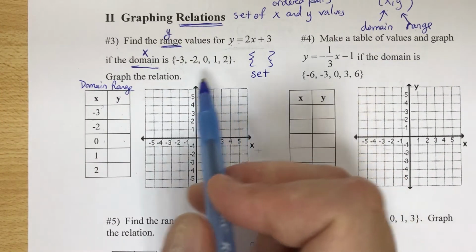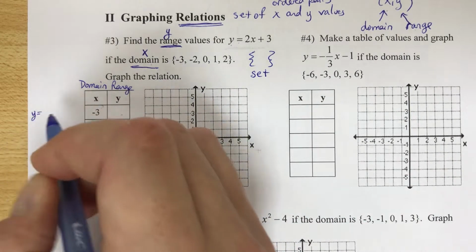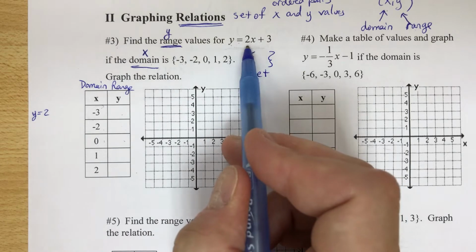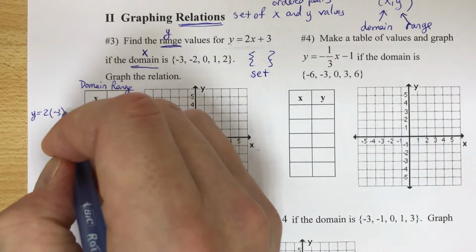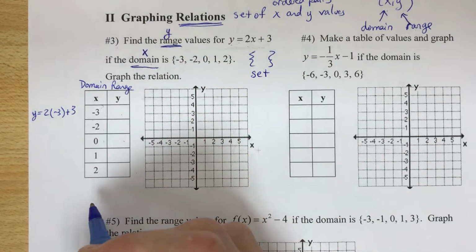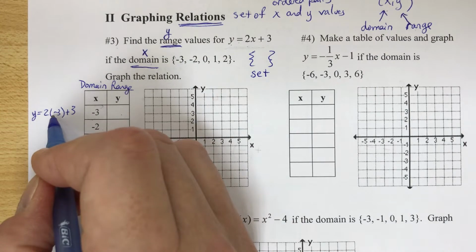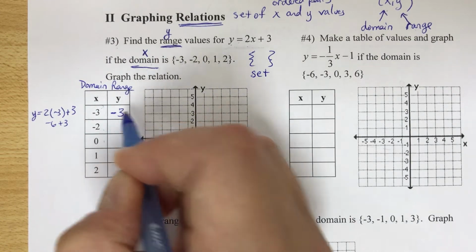So I know there's not a lot of space, but I'll do it on the side here. We get y equals 2 times x, well, the x value is -3, and then plus 3. Now, if we evaluate that, we get -6 plus 3, and that adds up to -3.